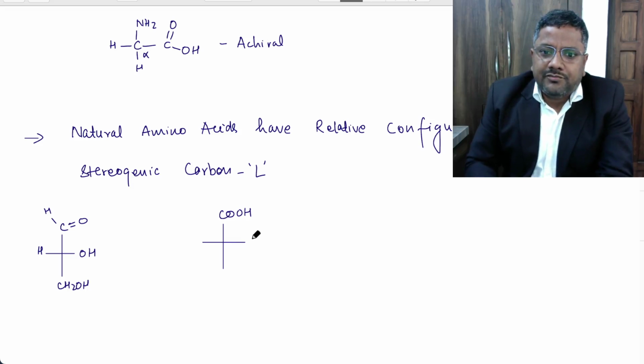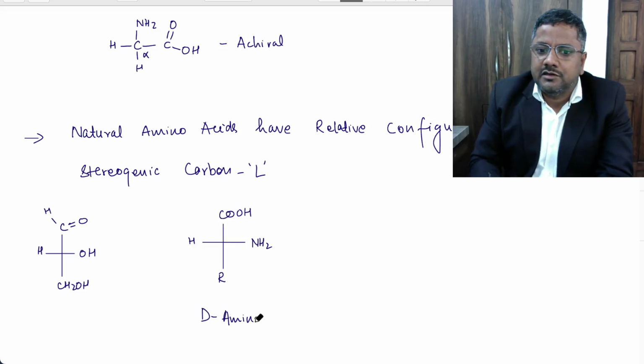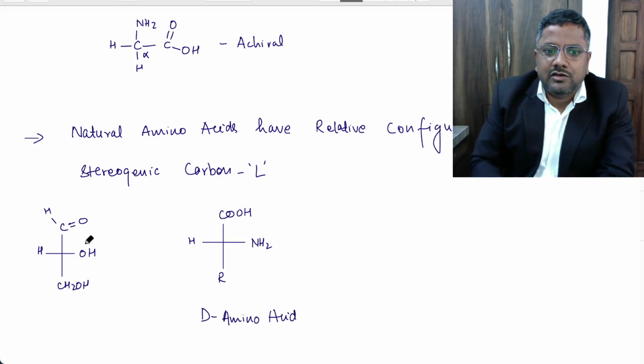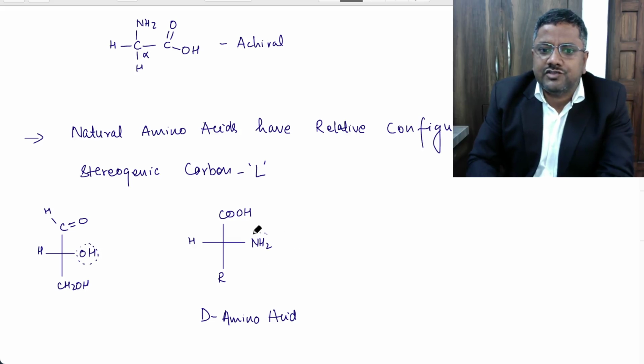If NH2 is here, H is here, and R is here, because the longest carbon chain should be on the vertical line, then this is a D amino acid. You have to compare NH2 with OH.